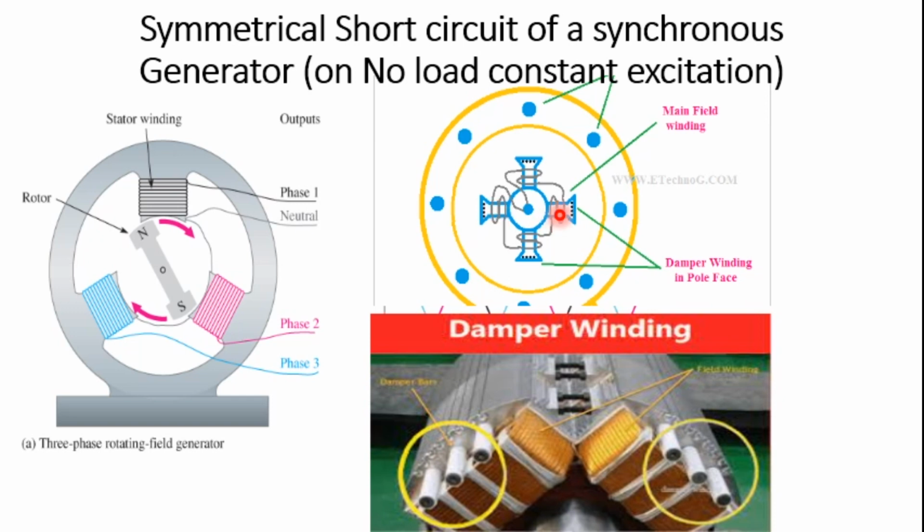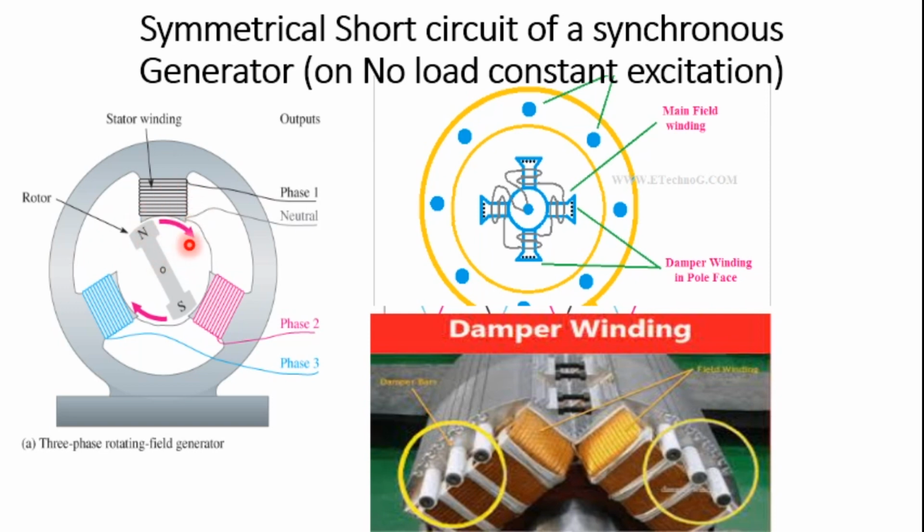Whenever the rotor is rotated by the prime mover, the armature winding is cut by the magnetic flux of the field winding.